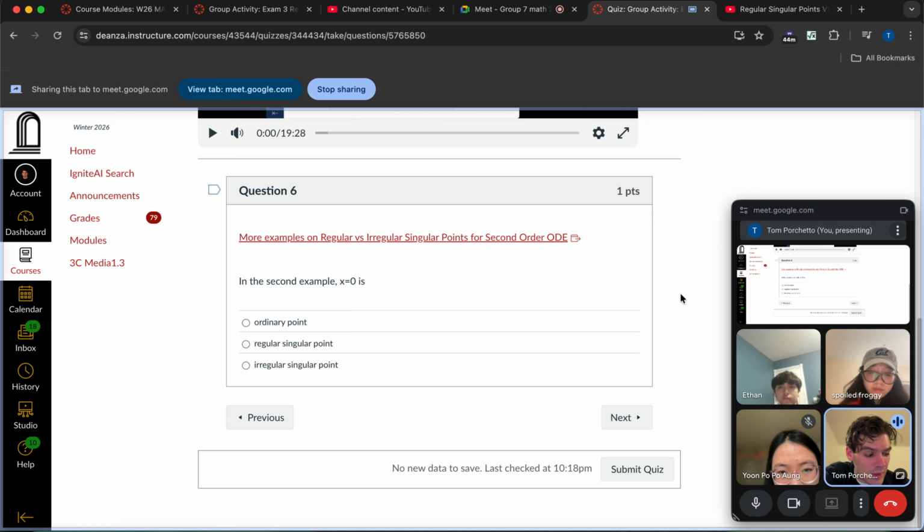So the first thing I need to do is convert it into a homogeneous linear differential equation, so I need to remove or cancel the coefficient of y''. Then I do the same process as the last two questions, where I set p(x) and q(x), and then I take the limit as x approaches 0 in this case.